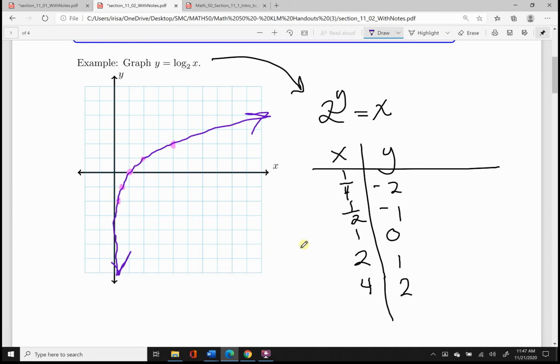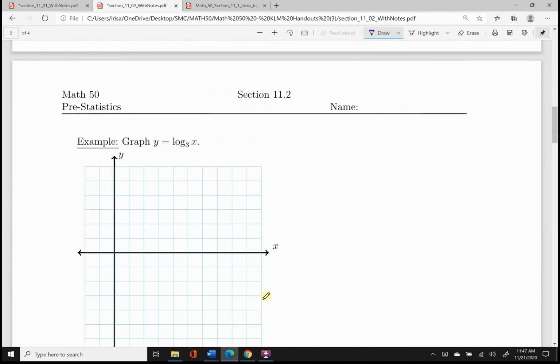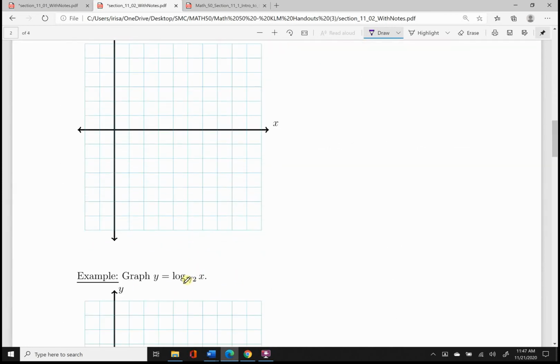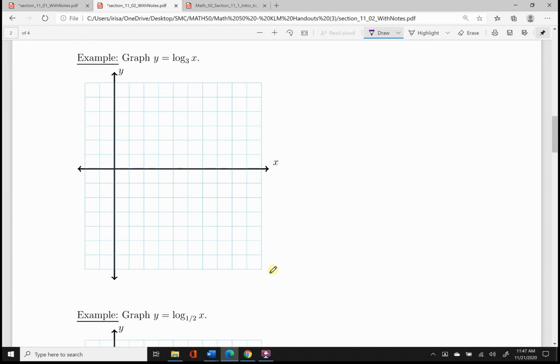And so we have a similar kind of a thing going on when the base is 2. If the base is greater than 1, you're going to have basically this kind of a look to it. And if the base is a fraction, like we're going to see in this third example, you're going to have a little bit of a different look to it.